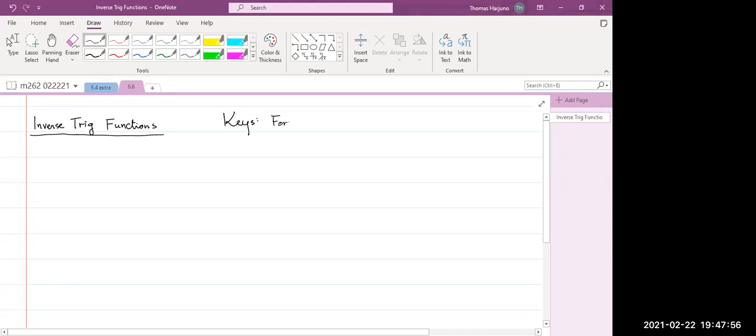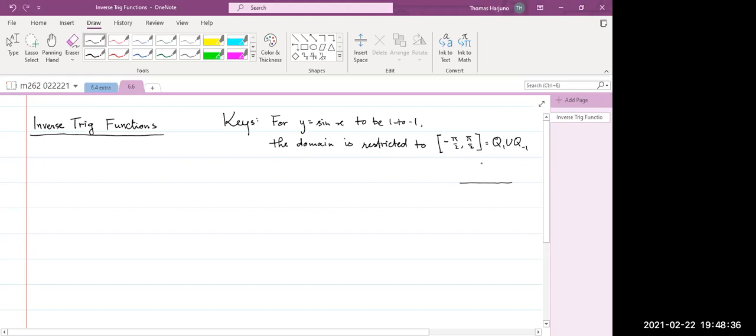For sine y equals sine x to be 1-to-1, the domain is restricted to negative pi over 2 to pi over 2, which I usually say quadrant 1 or quadrant -1.